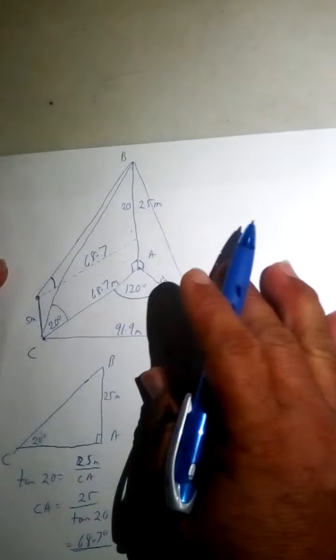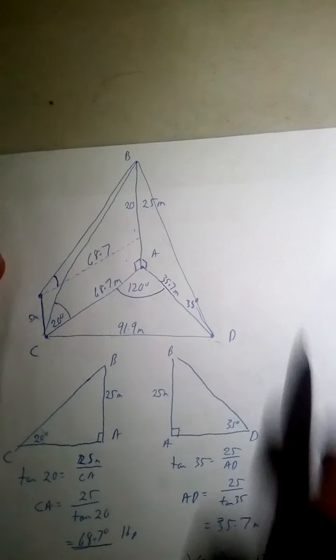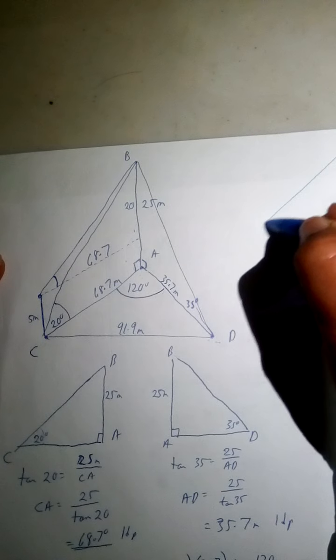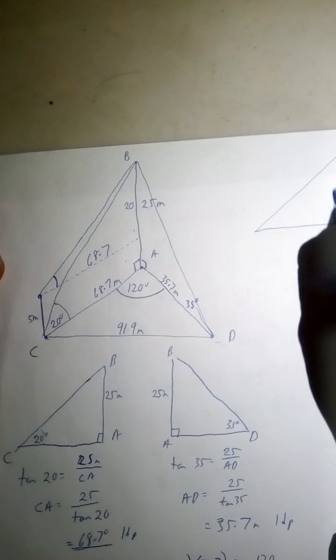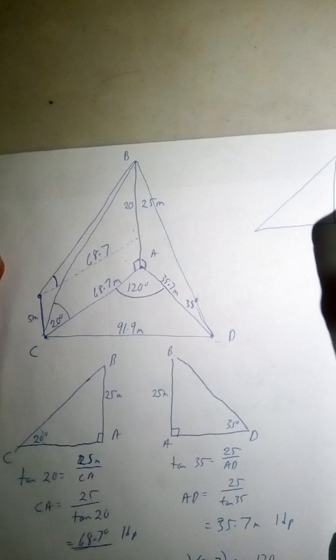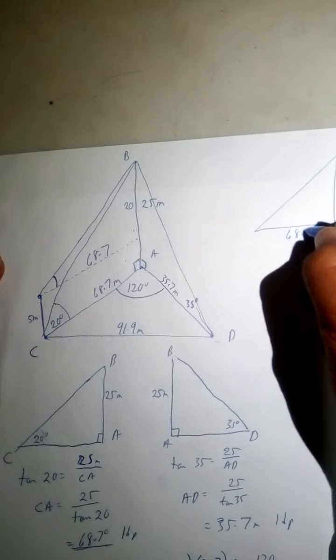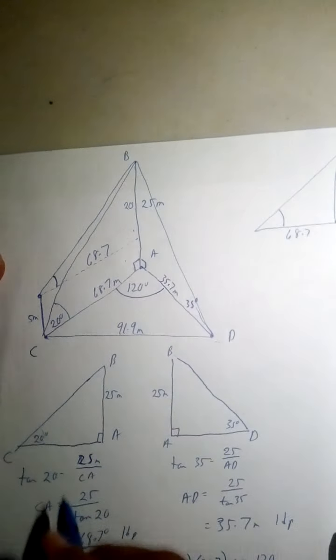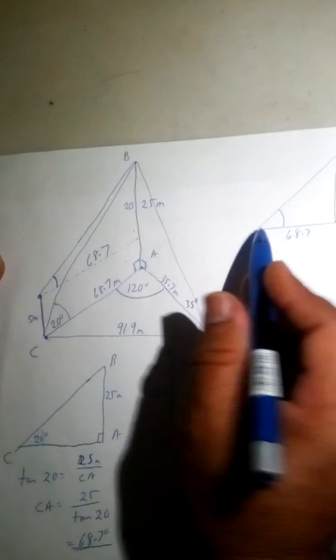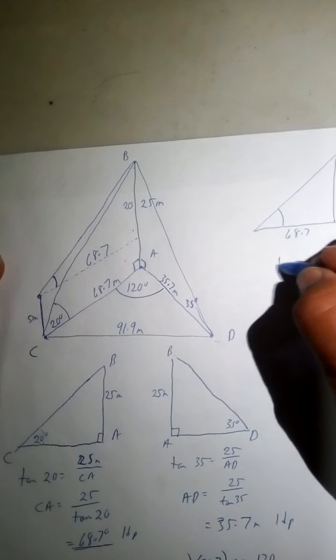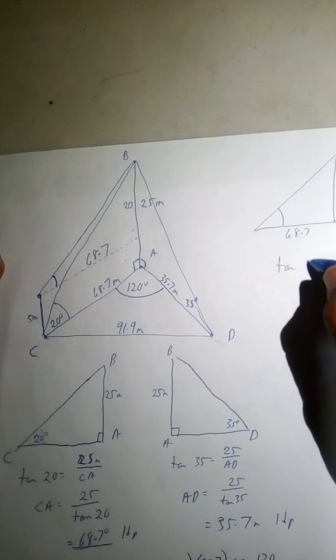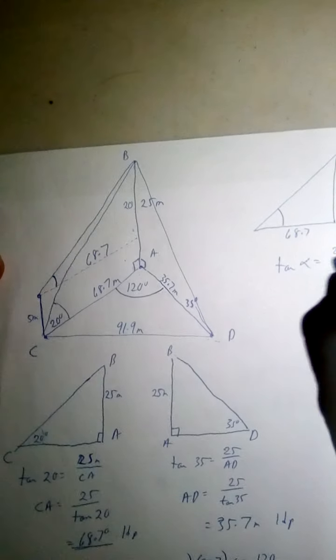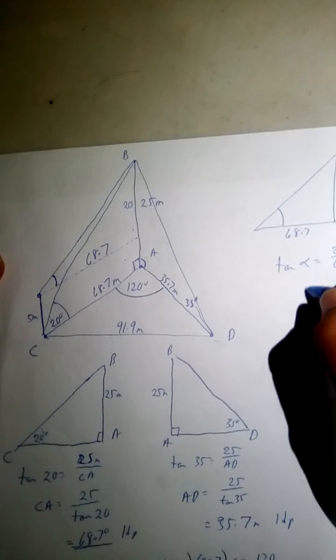So now pull out the diagram that you want to work with. You have here 20, you have here 68.7. This is the angle of elevation that we want. So we're going to be using tan here: tan of the unknown angle equals 20 over 68.7.